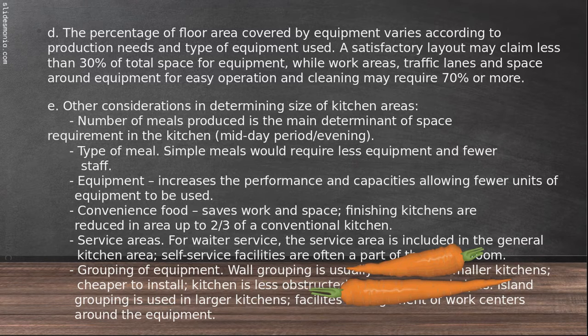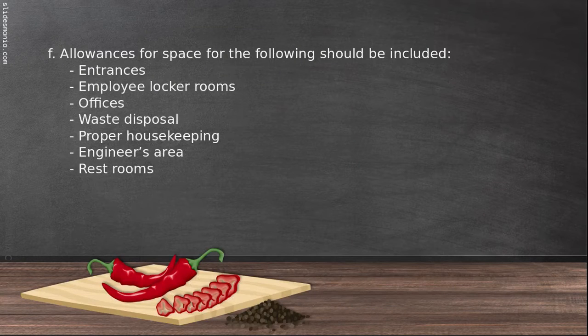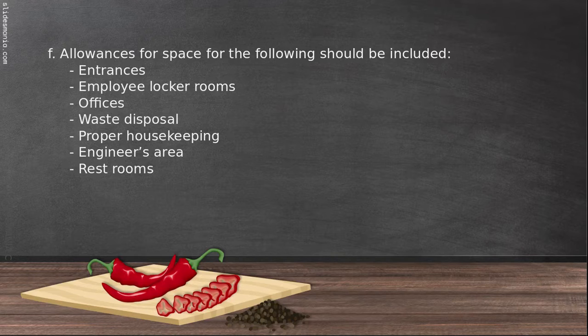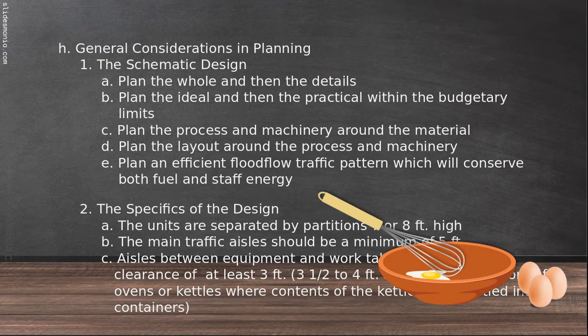Equipment, and convenience food, service areas, grouping of equipment, and allowances for space for the following should be included: the entrances, employee locker rooms, offices, waste disposal, proper housekeeping, engineer's area, and restrooms.